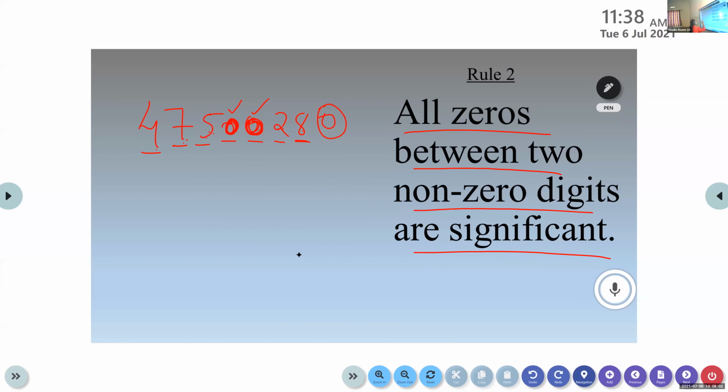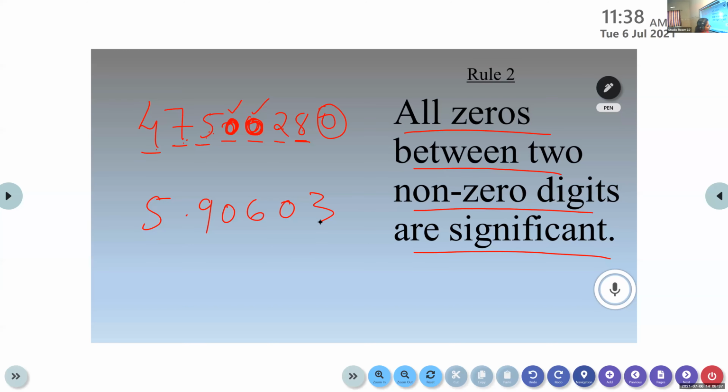Next question, one more example. 5.90603.